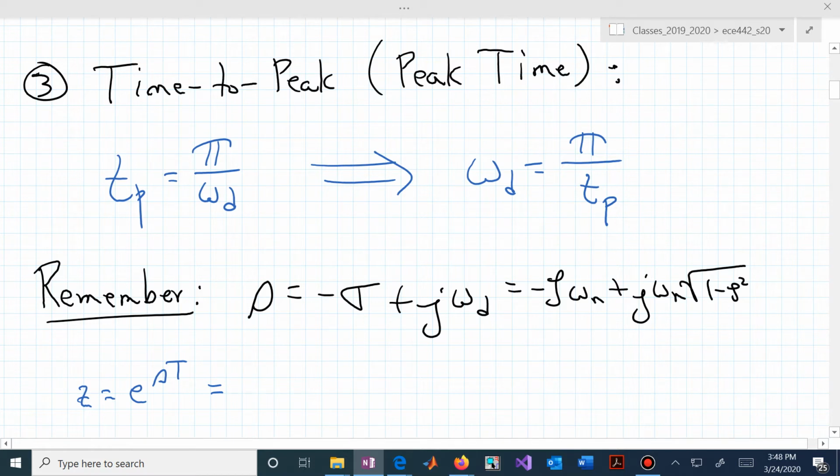where s is equal to minus sigma plus j omega sub d, and we can write that in terms of damping ratio and natural frequency, where the damping now is zeta omega sub n, and the damped frequency of oscillation, omega sub d, is associated with the vertical distance. Remember, we have this right triangle. We have sigma and we have omega sub d.